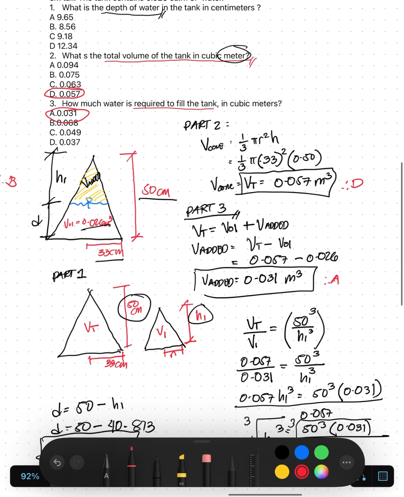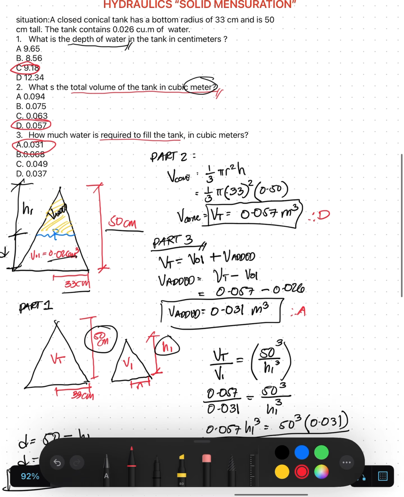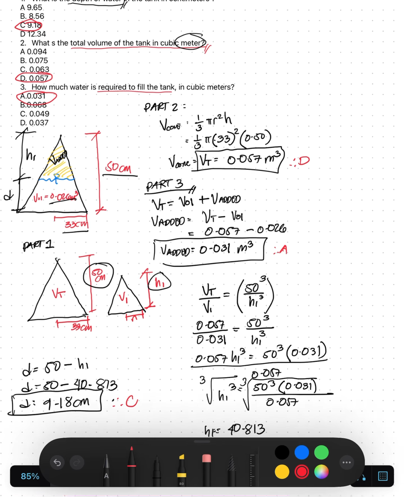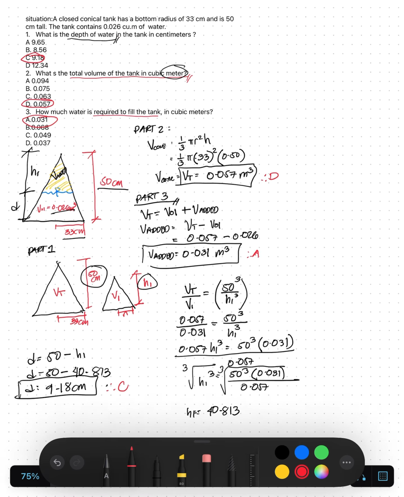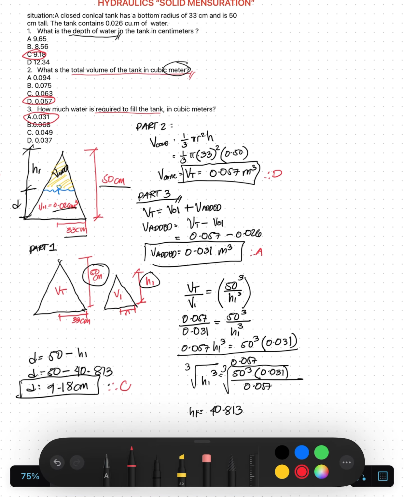So that is letter C. That's it. You can screenshot the solution for this problem, and thank you for listening.